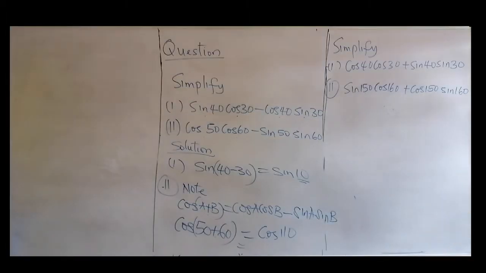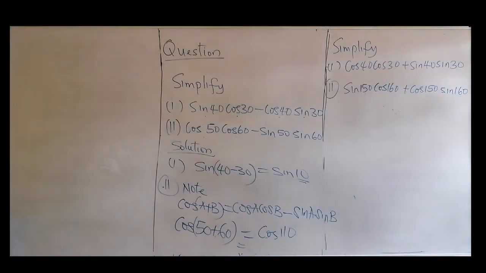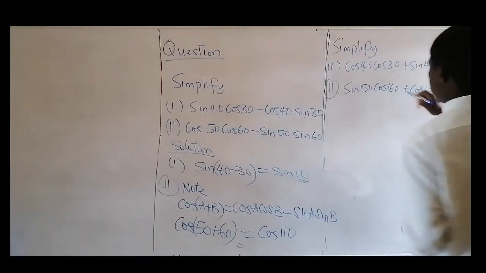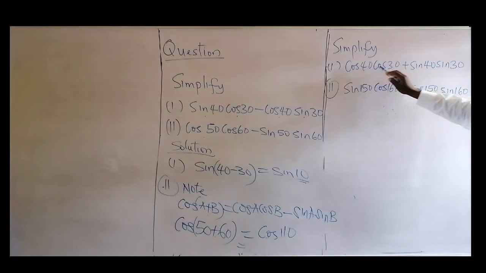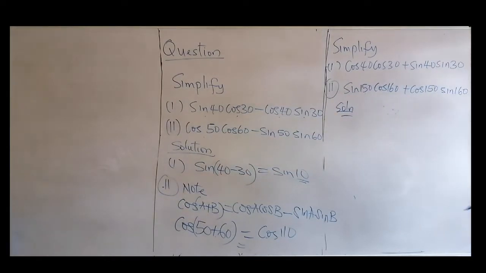Yeah, another one. Simplify cos 40 cos 30 plus cos 40 sine 30. You can also see that this is alternating. This is cos, this is sine. So number one solution will be equal to this cos, and you have plus there.